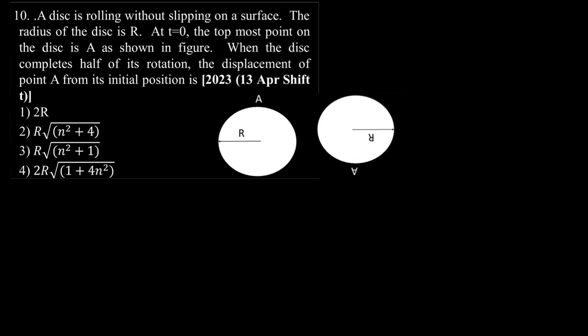What we've been asked to find out in the question is primarily the displacement. So this is the initial position, this is the final position. Therefore, don't you think this is the displacement? So this much is the displacement that we need to find out.